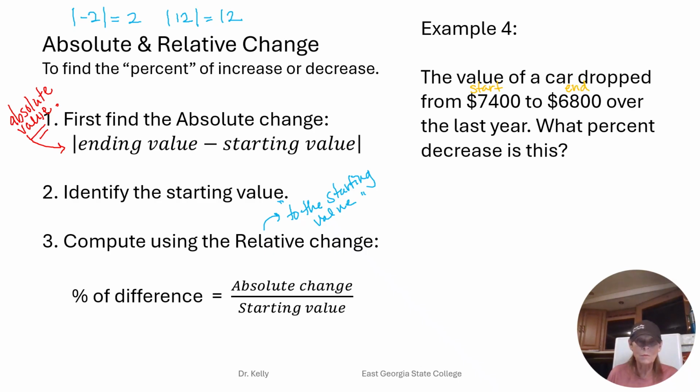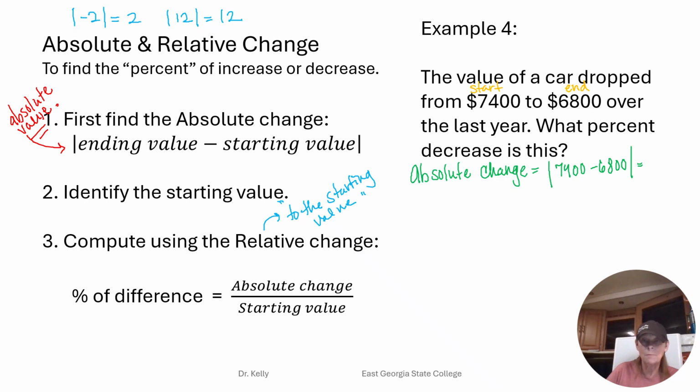So the first thing we want to do is find that absolute change.